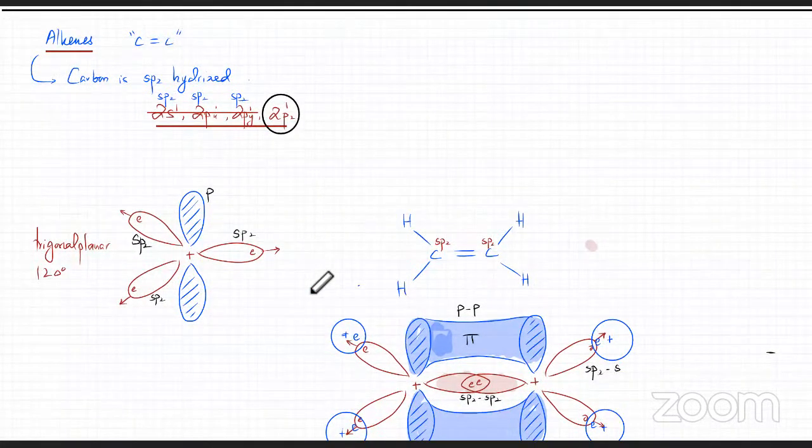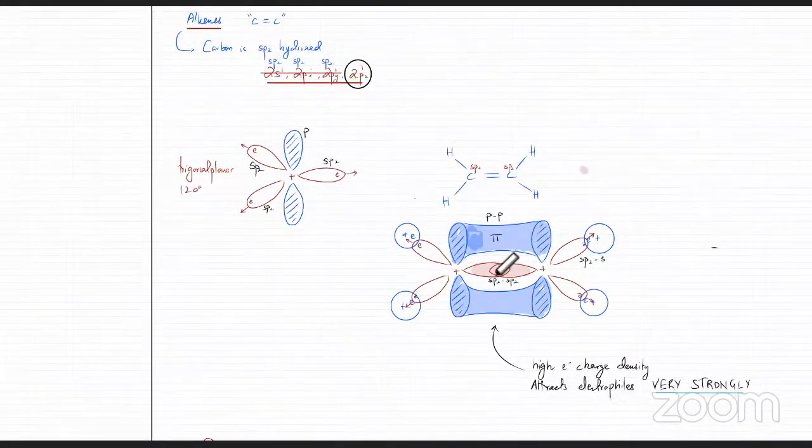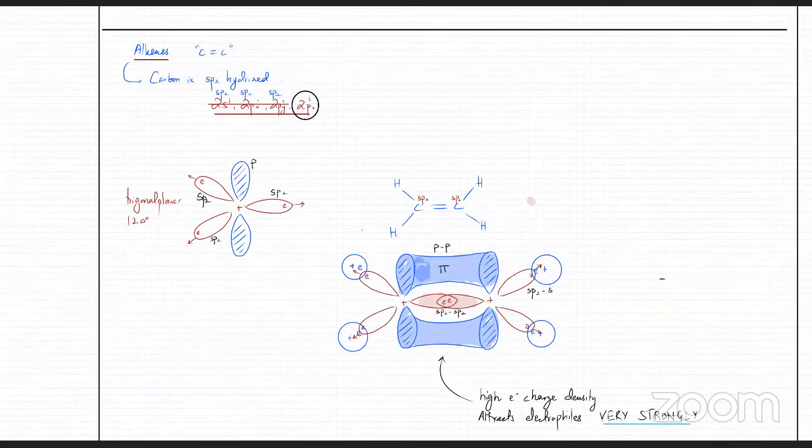So, a quick recap: you've got alkenes. What alkenes do is that they're sp2 hybridized, and carbon has 4 electrons.